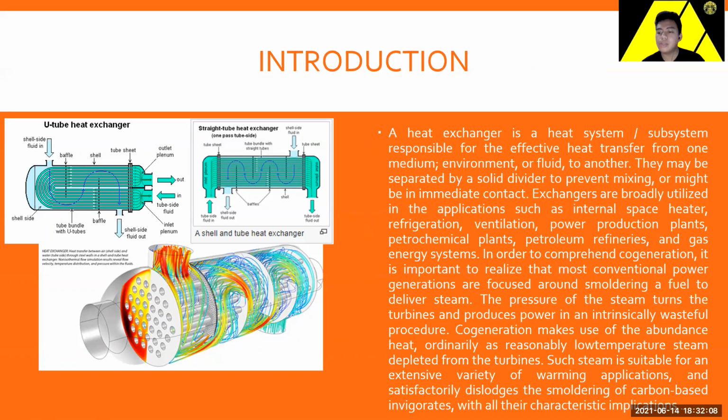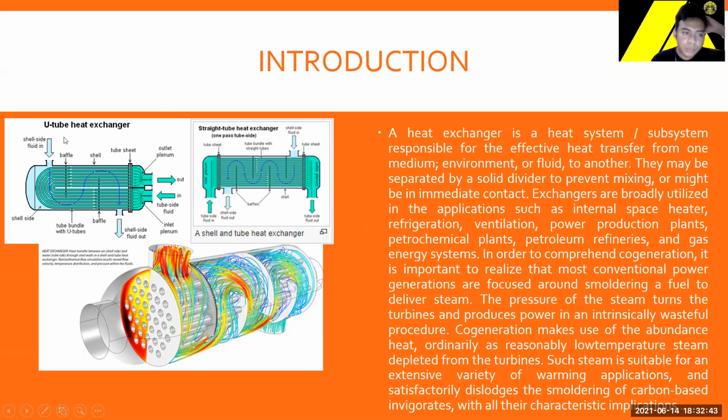Cogeneration makes use of the abundant heat, ordinarily as reasonably low temperature steam, exhausted from the turbines. Such steam is suitable for an extensive variety of heating applications and satisfactorily displaces the burning of carbon-based fuels with all their characteristic implications. And this is the model, the type of the heat exchanger.